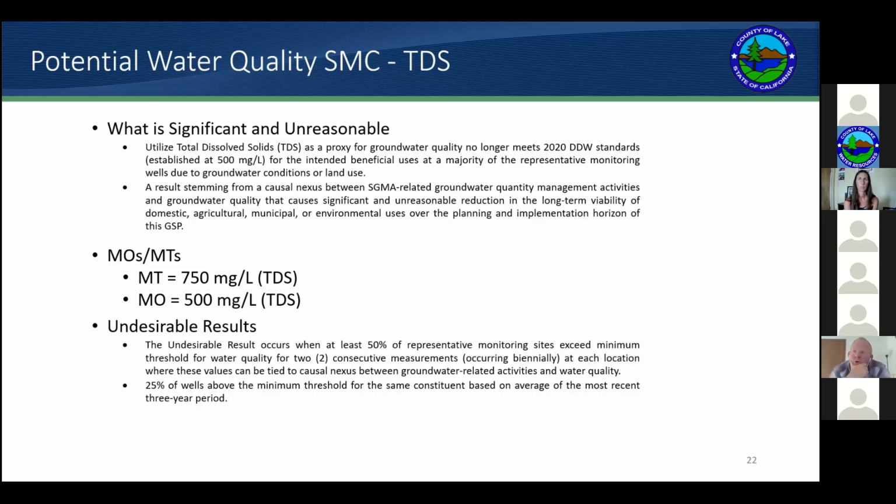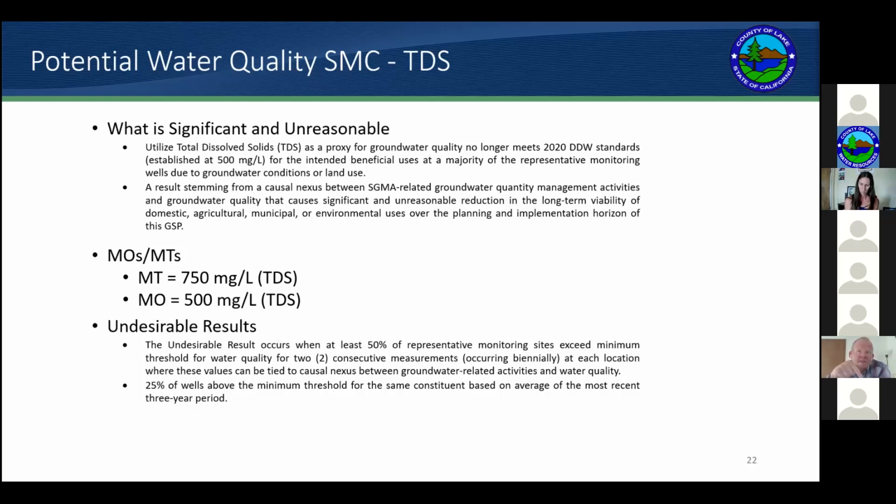A lot of these other constituents, nitrate, bacteria, are monitored as part of other programs, like regulatory programs. But what we're trying to do is develop a metric that gives us a sense of the general health of the aquifer.